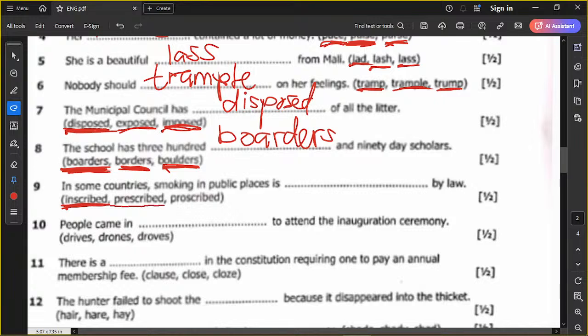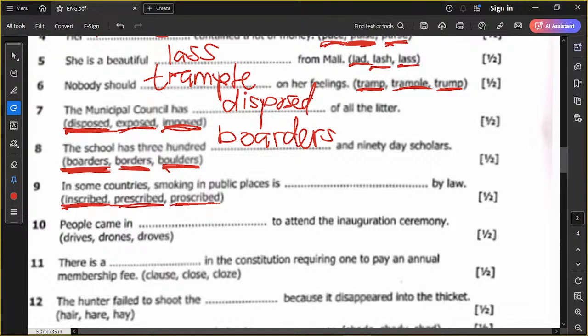Prescribed, so this is to prescribe. We have gone to the hospital before and we have been given a prescription where medicine is written. So to prescribe is something that is written or recommended. Proscribed, this is officially forbidden.